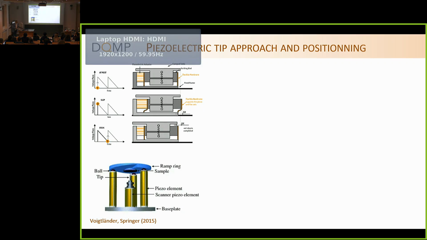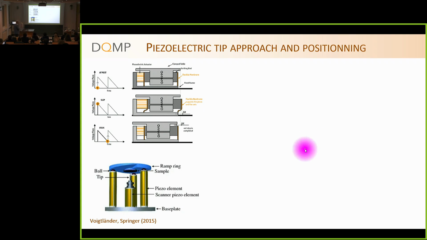Initially, of course, the approach was the main trick, and there were systems with just a screw, so you did it by hand with some differential springs. It was very complicated, and you never knew if the experiment would fail because you crashed. Or people would not really move the tip, but have a platform with three feet which would rotate. You see there is a slope, so by rotating, it would go down or away.